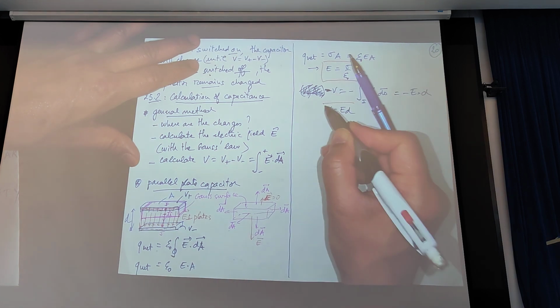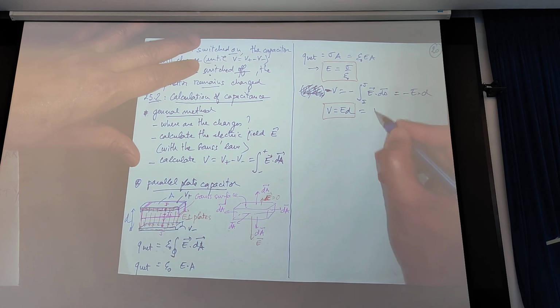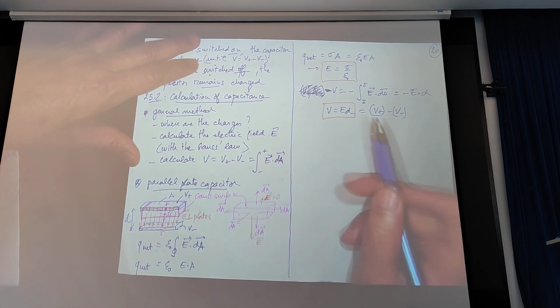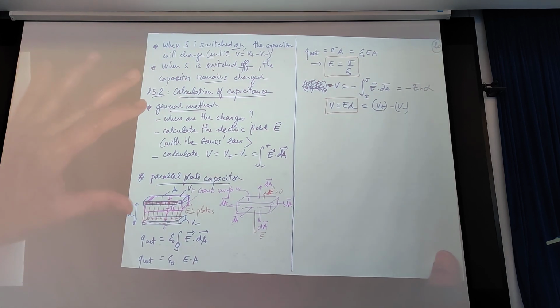Again, the difference of electric potential between the two plates is simply Ed.